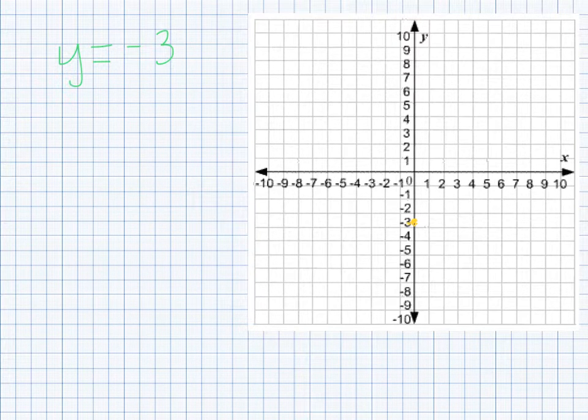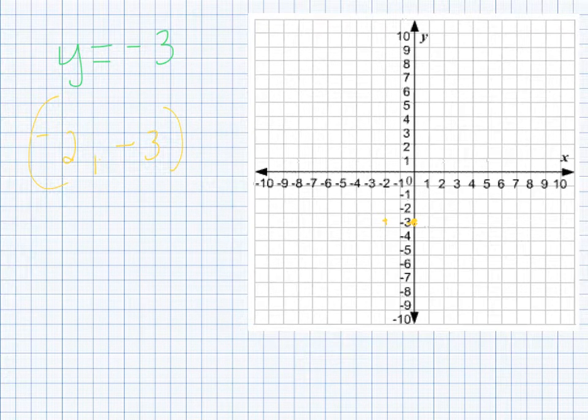And we can plot out our points. Well, you could do anything, so the y is going to be negative 3, so you could have x be negative 2 if you wanted. So that means that it would be right there.